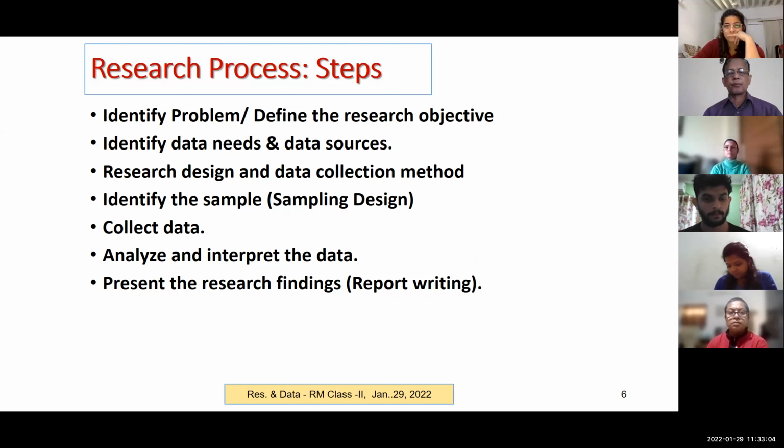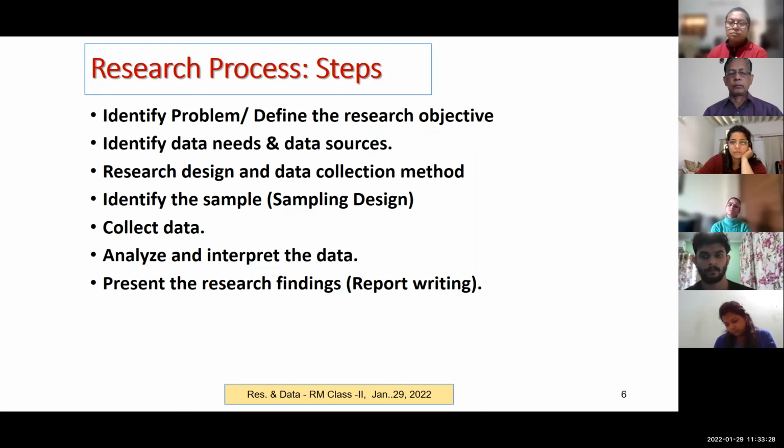Primarily, I'll derive the second point's definition from the first point. It says we need to define the research objective. To reach the research objective, we need certain data. That identification is the first point.